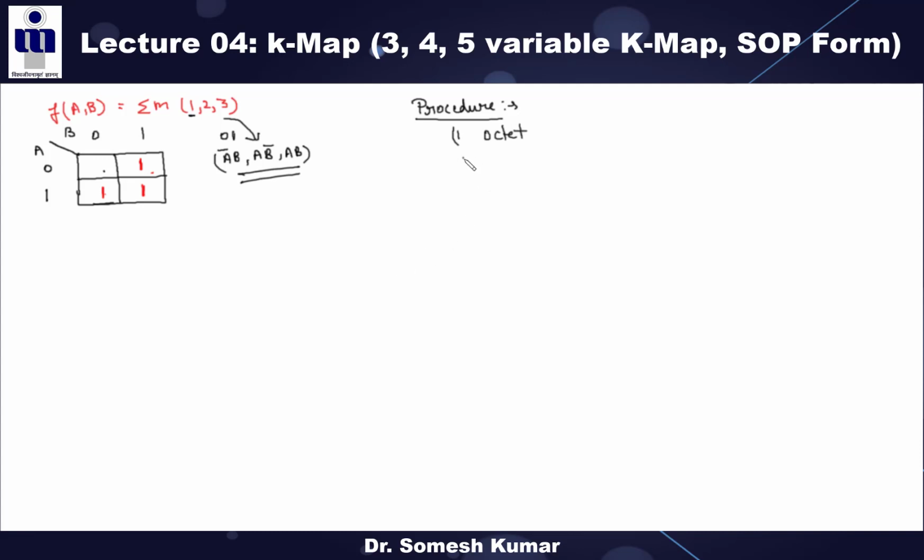Next you have to see the quads, 4 terms. Clear? Next you have to see the pairs, 2 terms. Next you have to take the single terms, right? And then in the final step you have to remove the redundant terms.